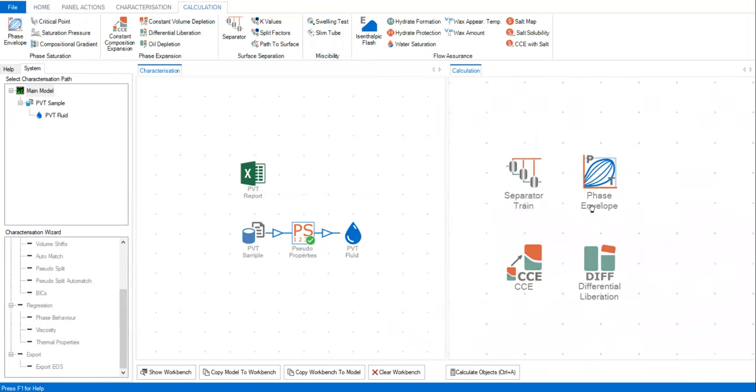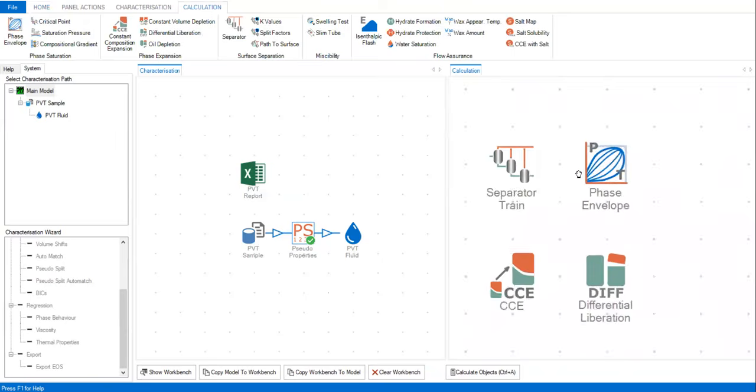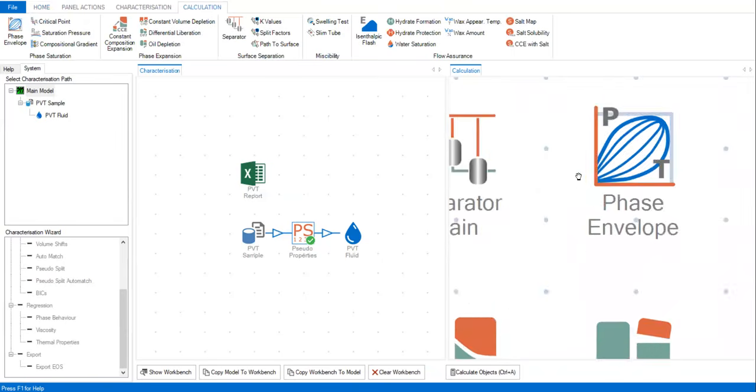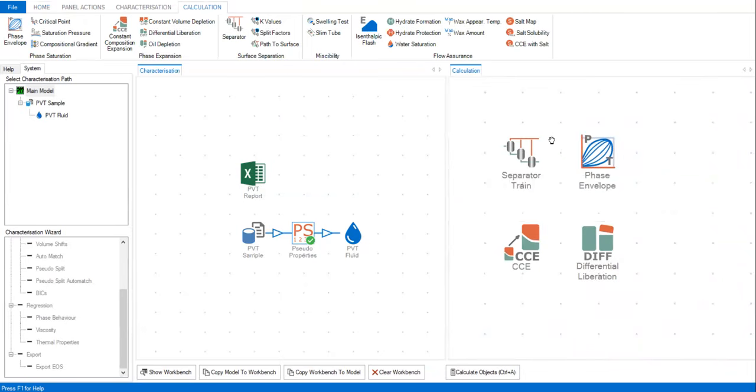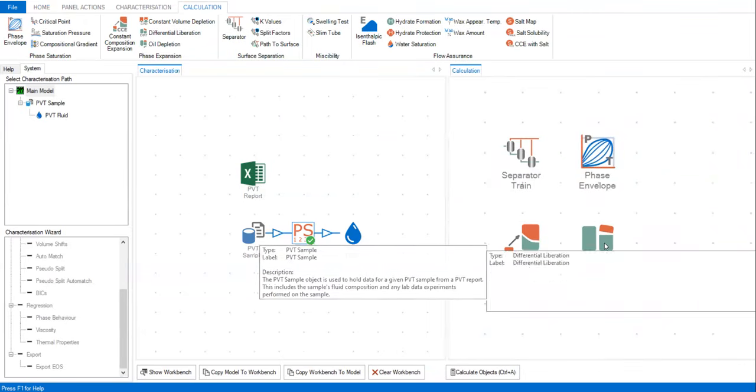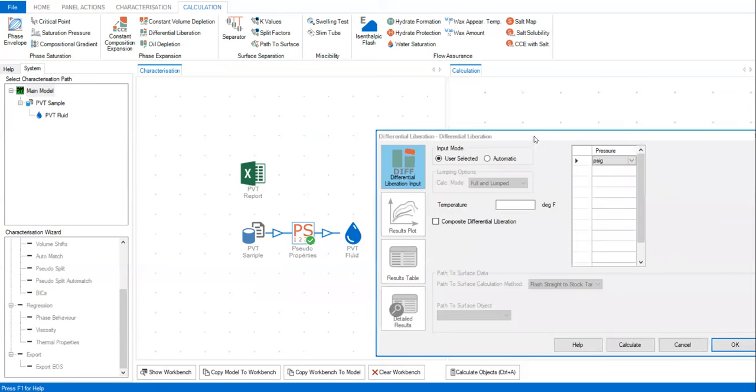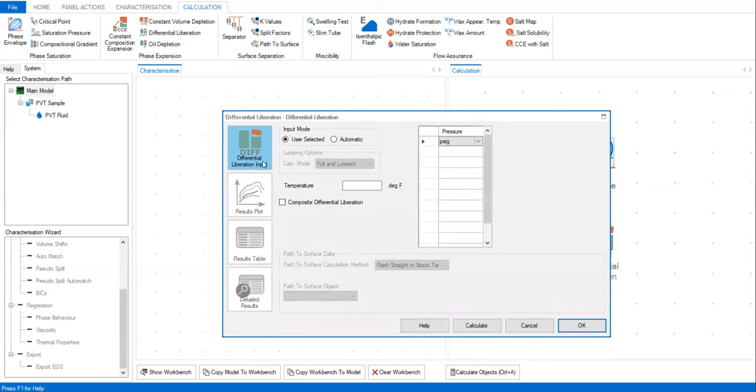You can scroll up, scroll down to make them bigger or smaller. Okay, so maybe I'm going to double click on this first. So here we have the differential liberation input. After calculation, we will have the results plot, results table, as well as detailed results.